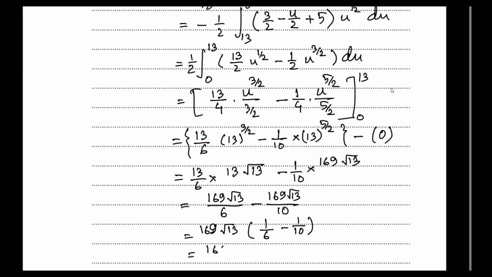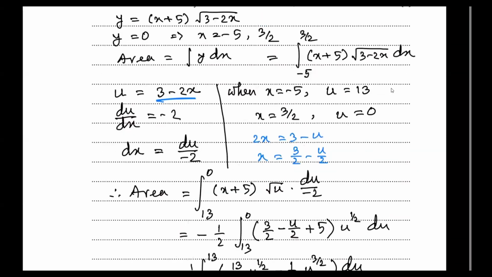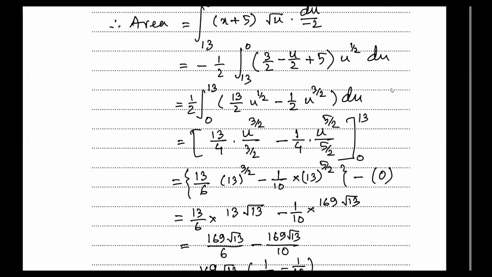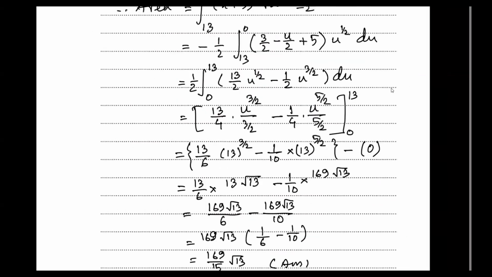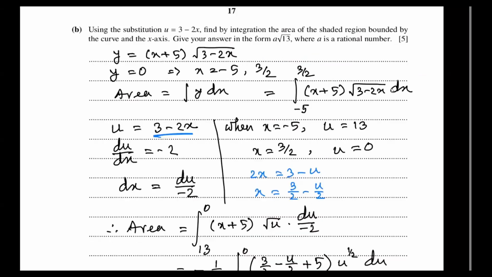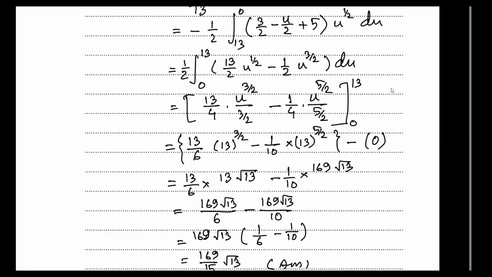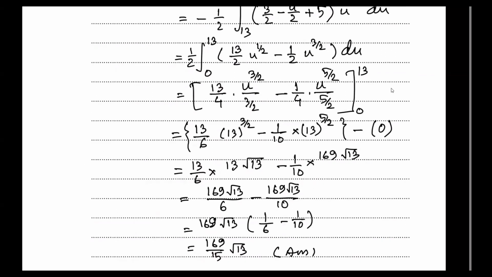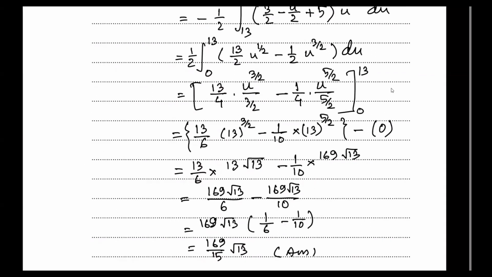So 169 by 15 root 13. That's it. That's the exact area. Okay, so this is the sum. I hope you have understood everything. It's clear to you. So let's move on to the next one.